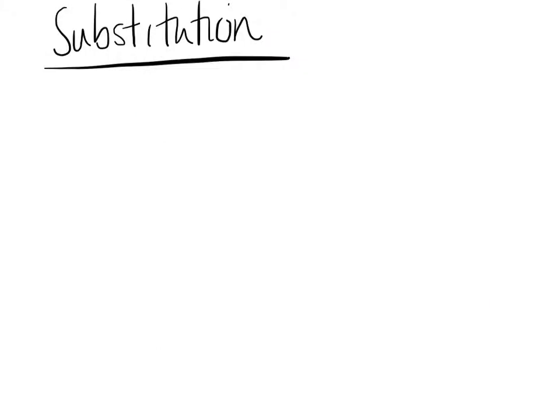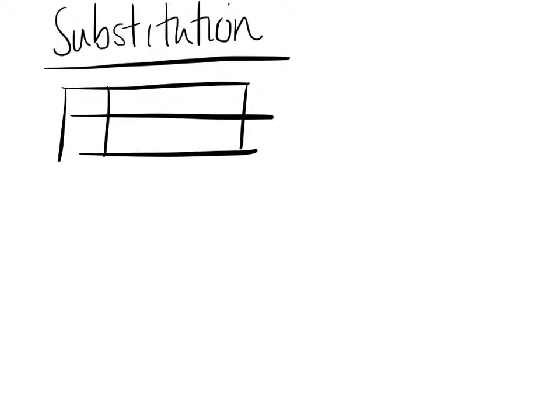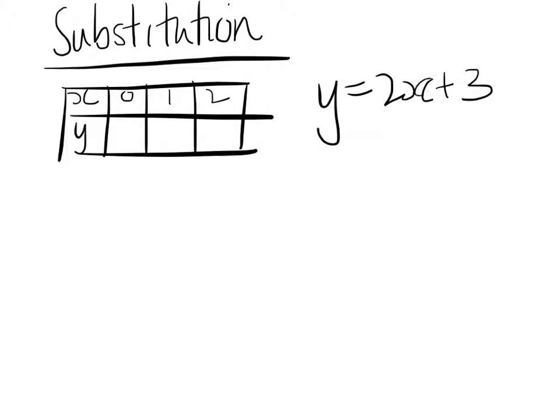Okay, we need to use substitution in order to find corresponding coordinates. So if I have a table of values with x and y, and I need to find what is y for these x coordinates, and my equation might be y equals 2x plus 3. Now it's in the form of y equals, so half my work's done for me.